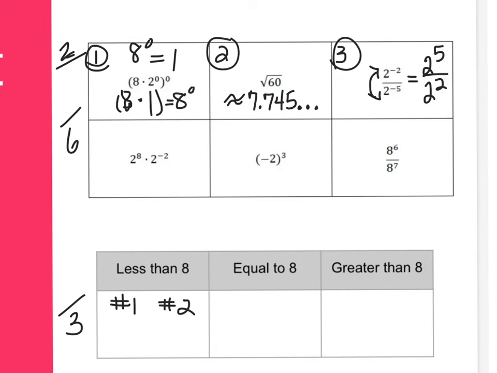Now I have a division problem, so we're going to keep the base and subtract our exponents, 5 minus 2. So 2 to the 3rd power means 2 times 2 times 2, which equals 8. So that means number 3 equals 8.